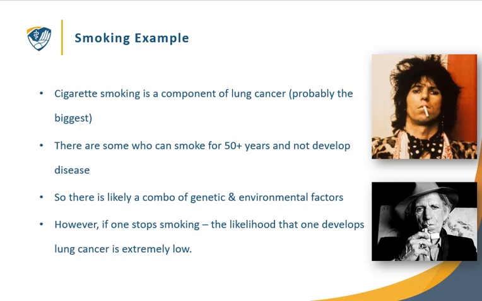There are some, though, who can smoke for 50 plus years and not develop the disease. So there is likely a combination of genetic and environmental factors. However, if one stops smoking, the likelihood that one develops lung cancer is extremely low.